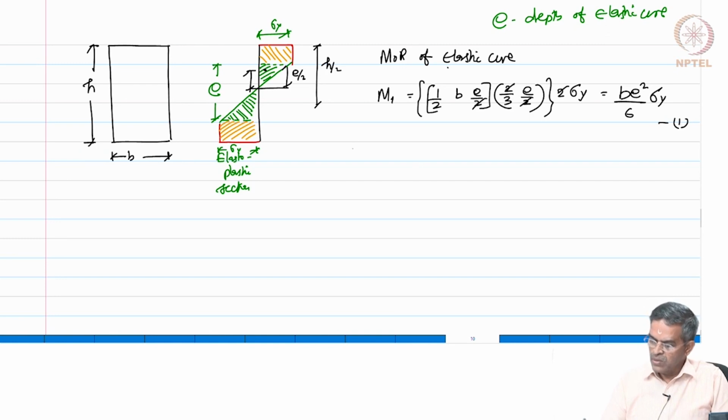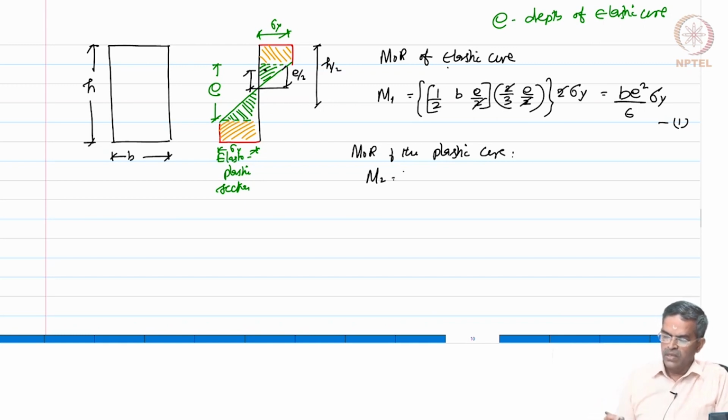Now, let us work out the moment of resistance of the plastic section or plastic core. I call this M2, which is the red one, right. So, let us find out that. So, let us say it is a rectangle. So, b into h by 2 minus E by 2, right.